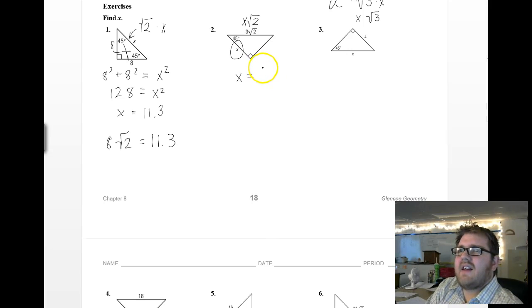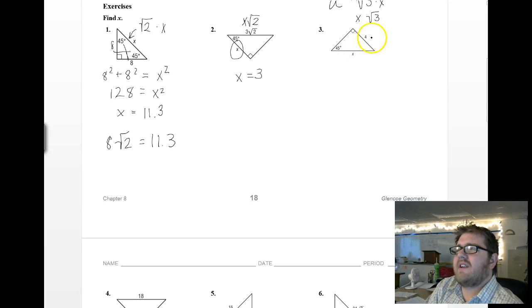Because this hypotenuse is x multiplied by the radical 2, so if this represents x radical 2 it would have to be 3 radical 2, so x is equal to 3. Does that make sense?